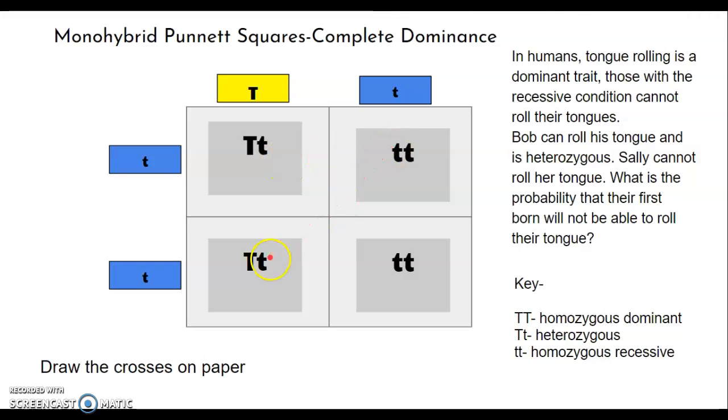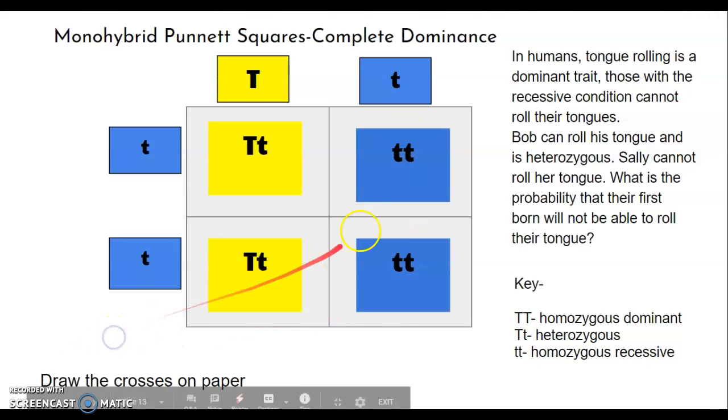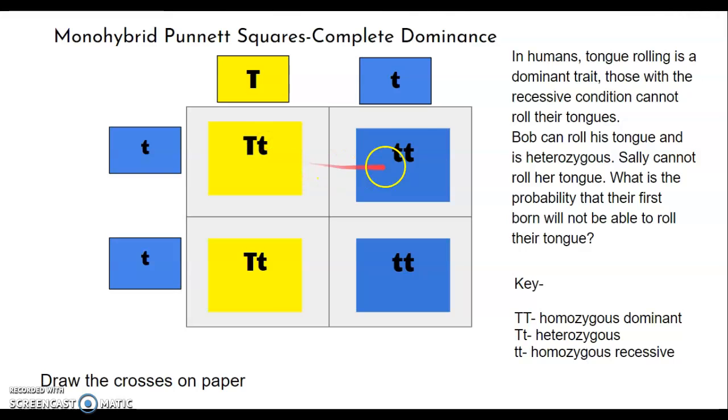When you combine their possible offspring, you will notice that two of them are big T, little t, and two are little t, little t. So what does that mean? It means that two of them are going to be able to roll their tongue like Bob, but two of the offspring might have the chance that they can't roll their tongue.